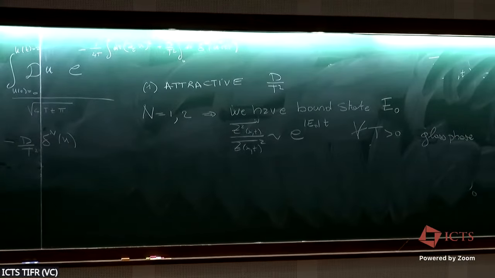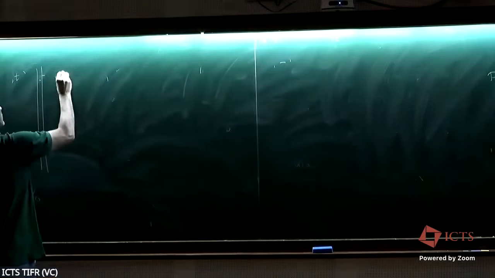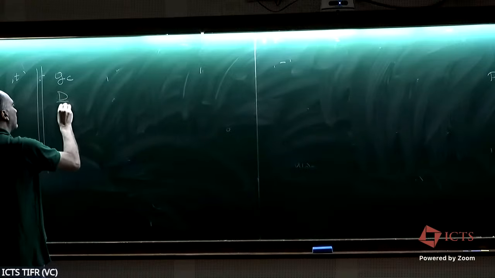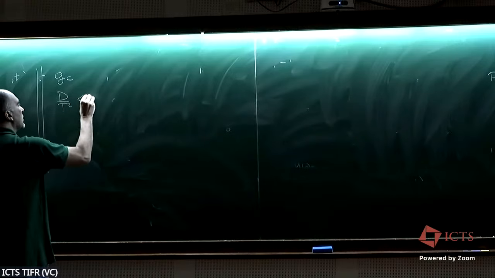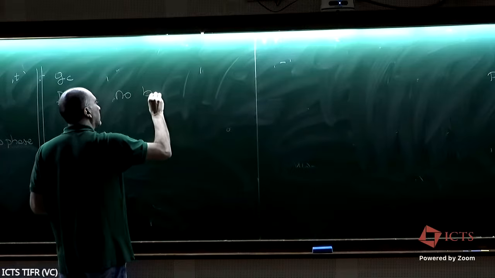Above 2 dimensions, for a quantum particle with an attractive potential, there is a value Gc. So if D over T squared is smaller than Gc, no bound state.